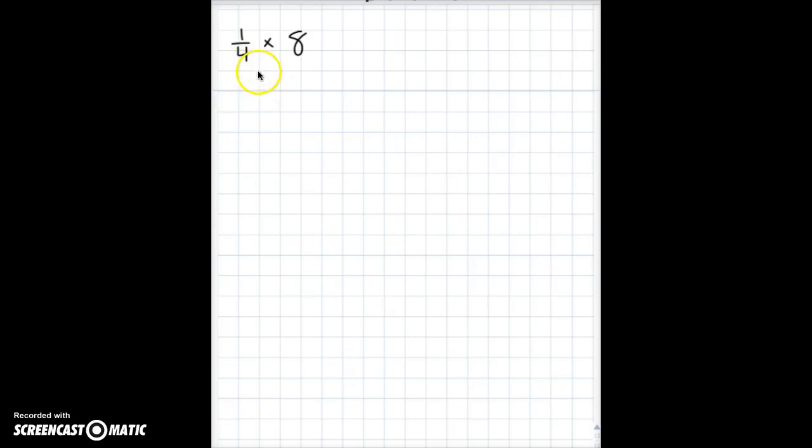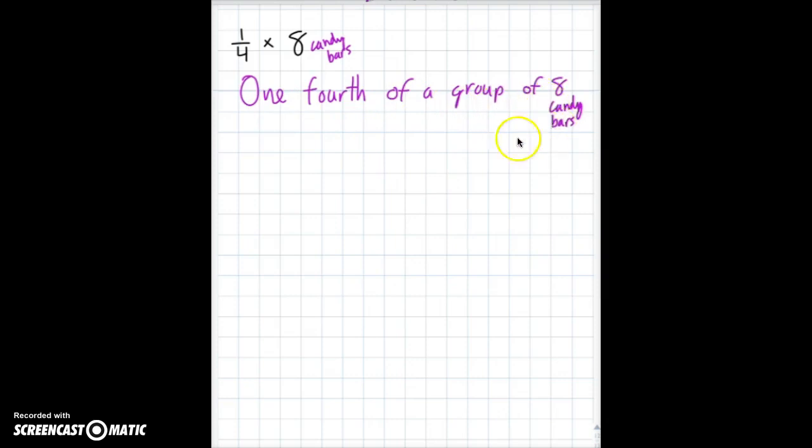What is the groups or the group of statement that goes with this? You might have thought, hopefully, 1/4 of a group of 8 candy bars. Let's see what that looks like on the number line and in a tape diagram.